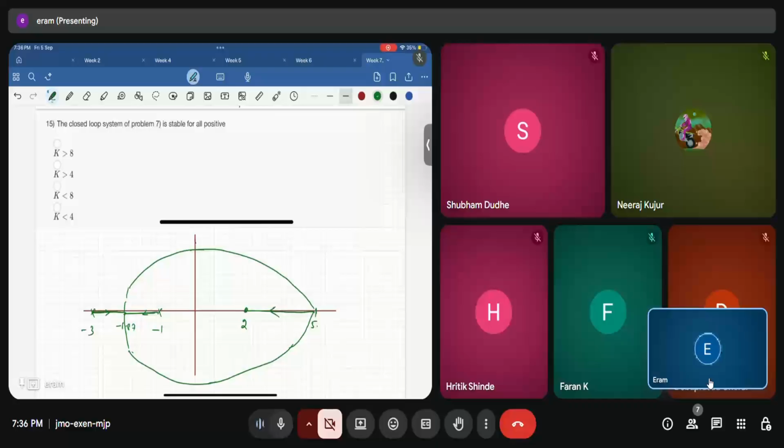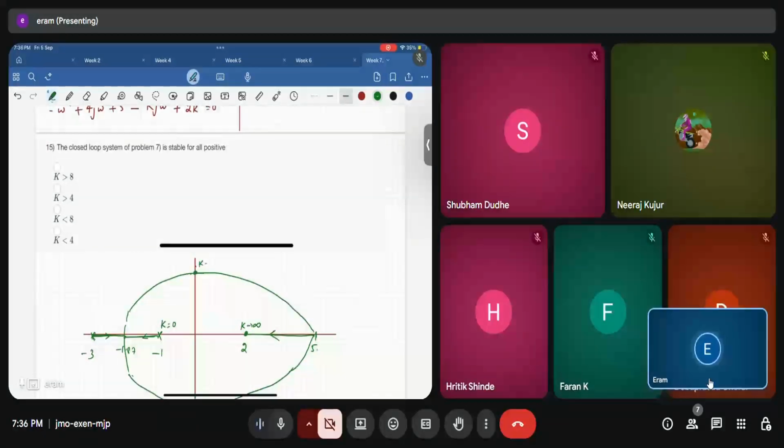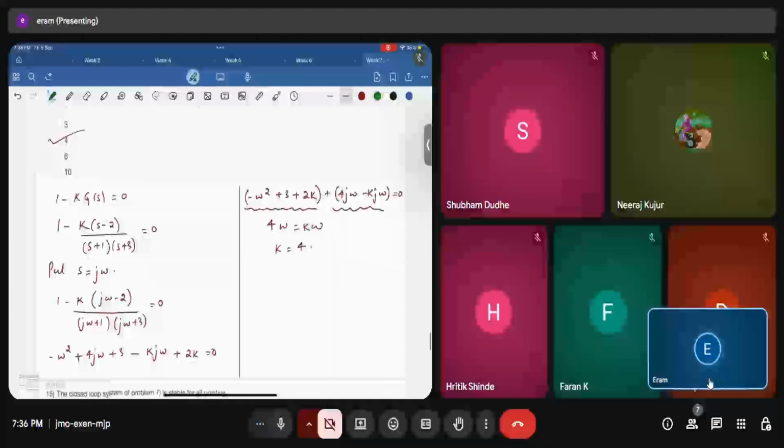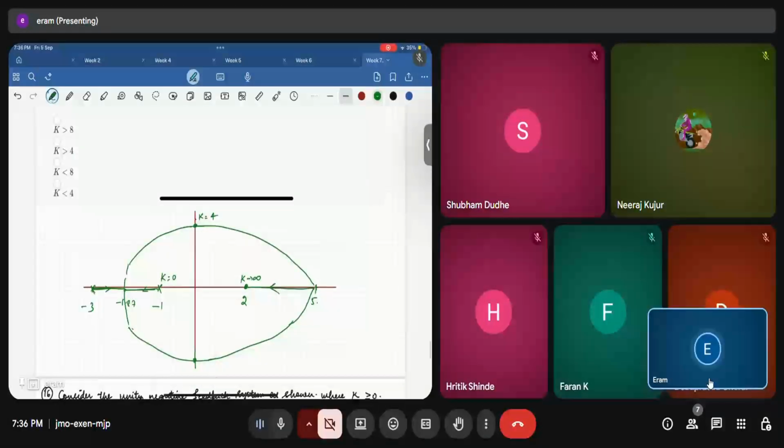So here the value of k is 0 because we are starting from the open loop pole, and here the value of k will be infinity because we have the open loop 0 here. What was the value of k when we hit the imaginary axis? It was k equals 4, which we have already calculated in the previous question. We started from k equals 0, so our locus was all on the left hand side.